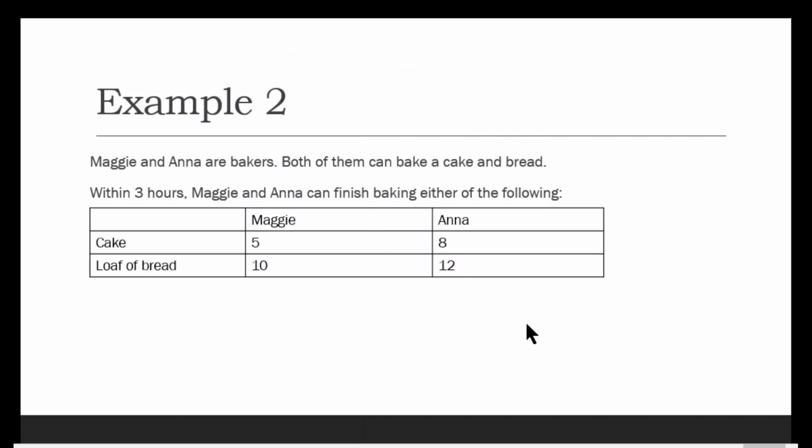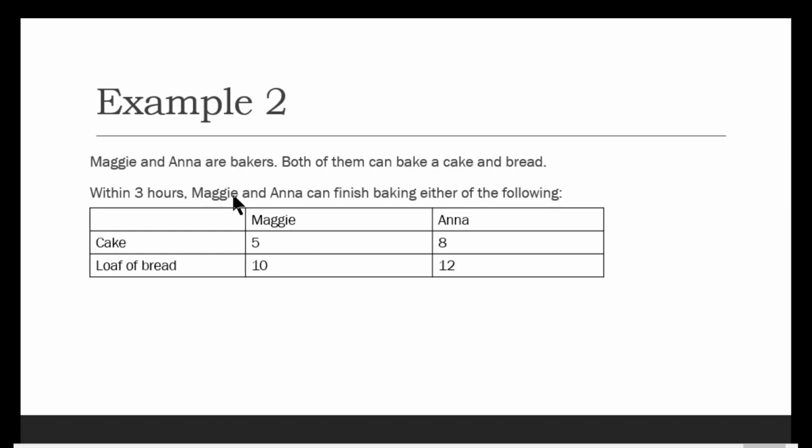Okay, so let's try example 2. Maggie and Anna are bakers. Both of them can bake a cake and bread. Within 3 hours, Maggie and Anna can finish baking either of the following. So within 3 hours, Maggie can bake either 5 cakes or 10 loaves of bread.